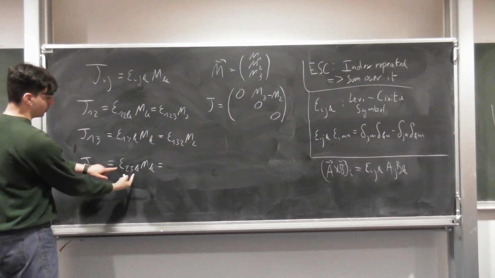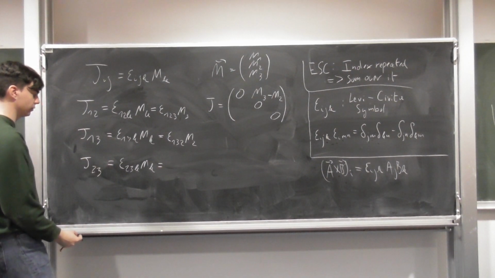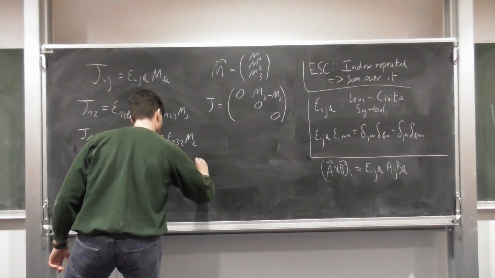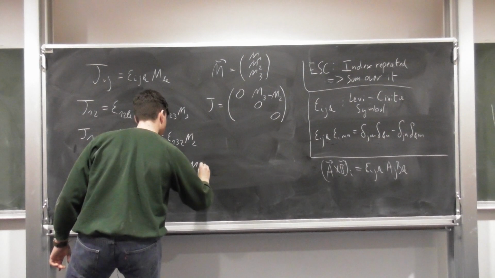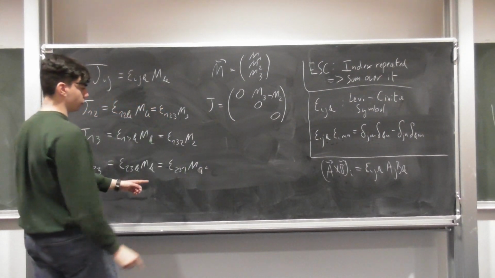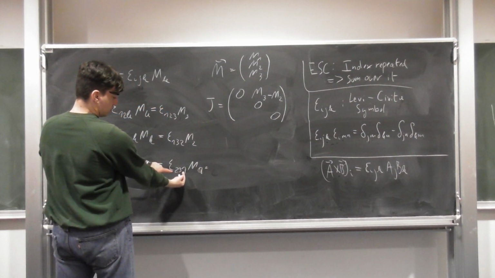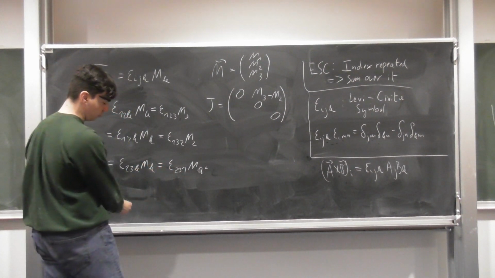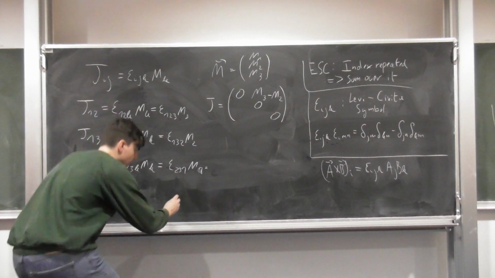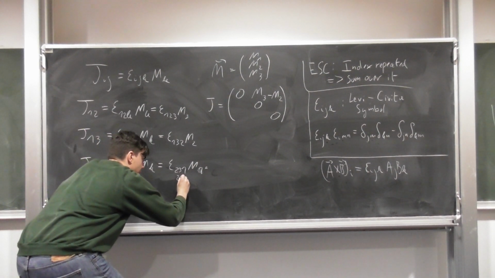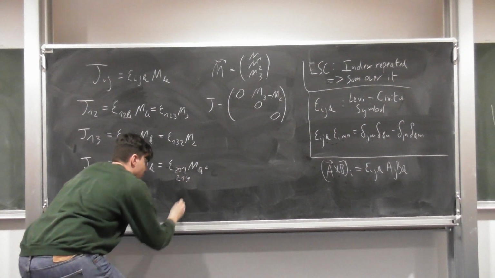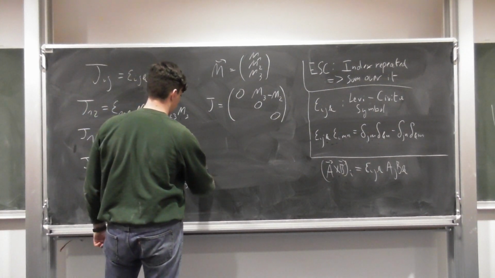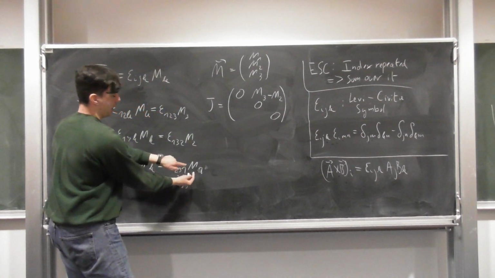As before, k can only be 1, and that tells us that this component is actually equal to, well, this is 2 permutations away from 1, 2, 3. You can see that because this is 1 permutation away from 2, 1, 3, which is 1 permutation away from 1, 2, 3. So there we go. And that'll give us plus 1. So this is plus m_1.